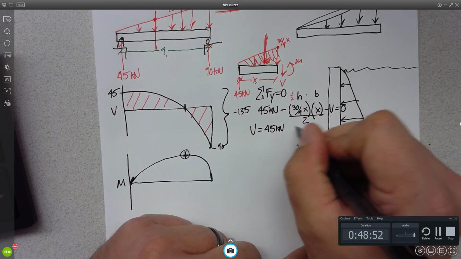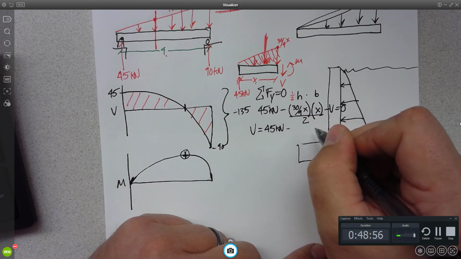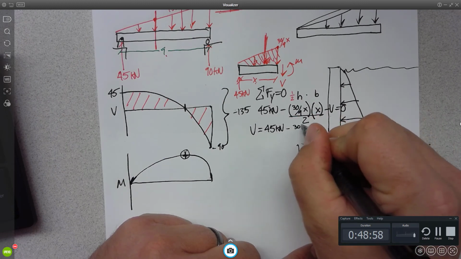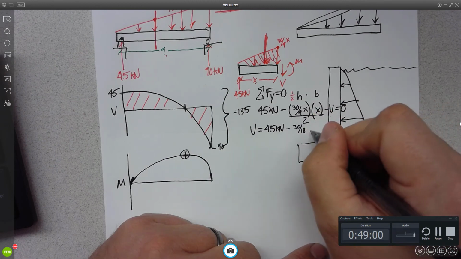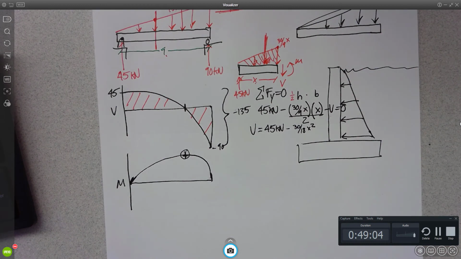Oh gosh. Minus 3/9ths divided by 2 would be 30/18ths x squared. 30/18ths I think is 5/3, but whatever.